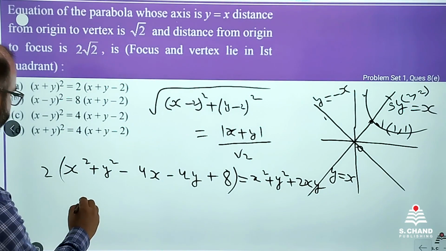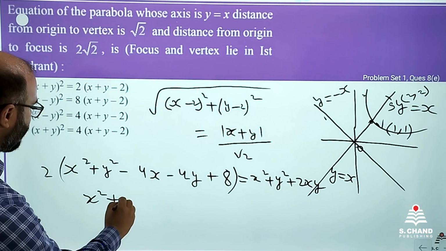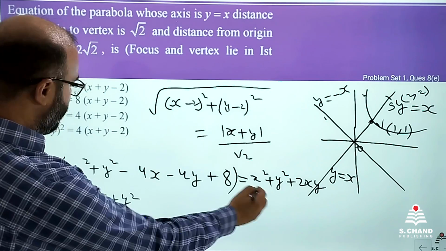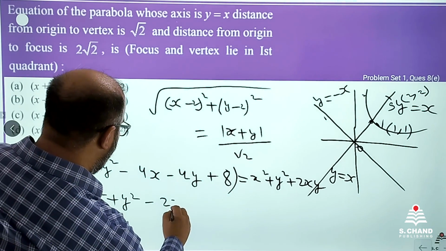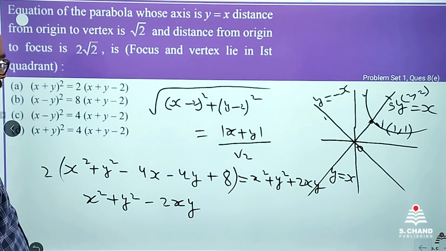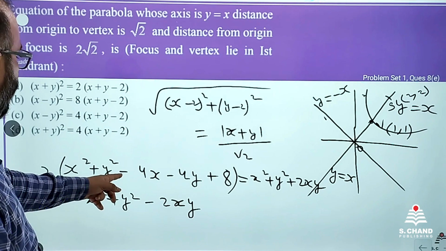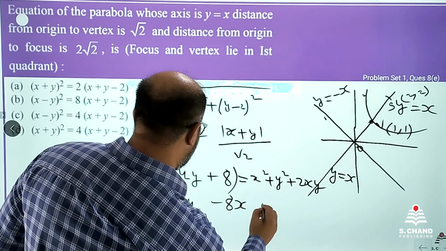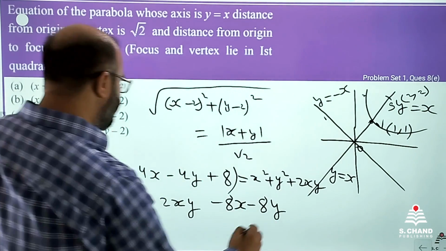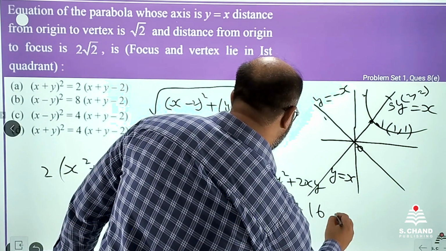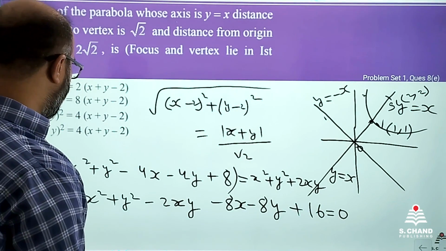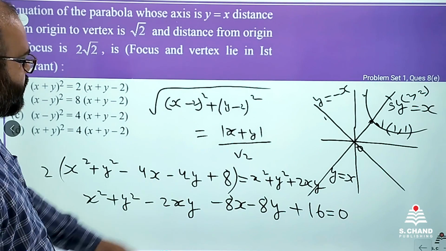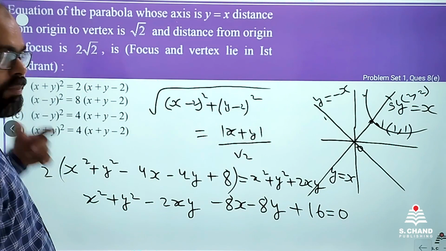Now in the next step, after subtracting, it will become x² + y² - 2xy - 8x - 8y + 16 = 0. Now this will become (x - y)² = 8(x + y - 2). So option B is the correct option.